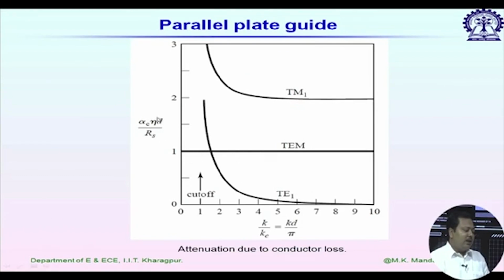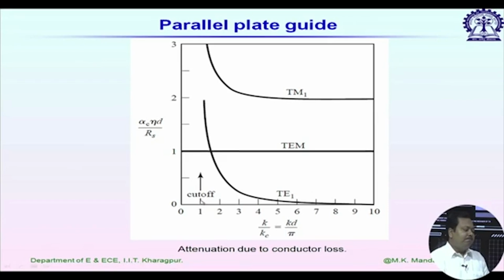Now, let us look at the plot for TEM. So, along y is the normalized attenuation constant. You can think of it as simply alpha c, and along x it is k by kc, or it increases with frequency. So, for TE1 you can see the normalized alpha c is much smaller compared to the other two modes, as we expected.